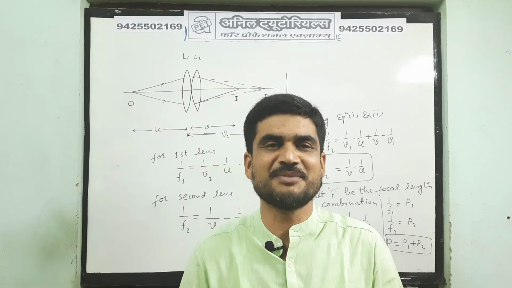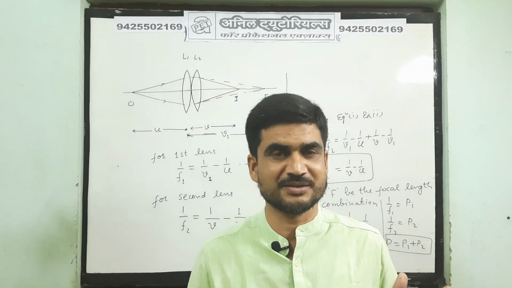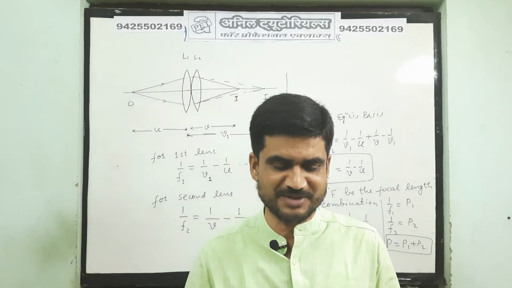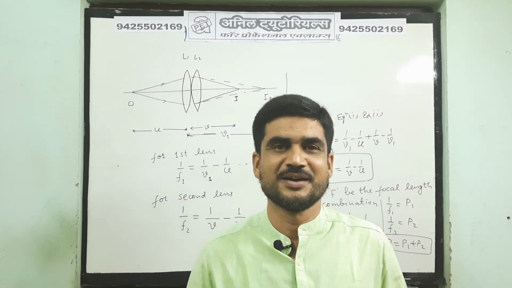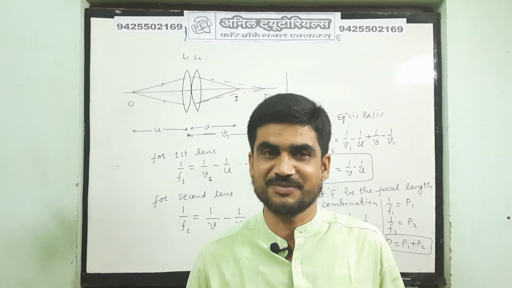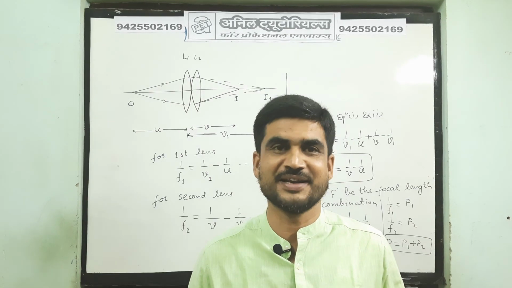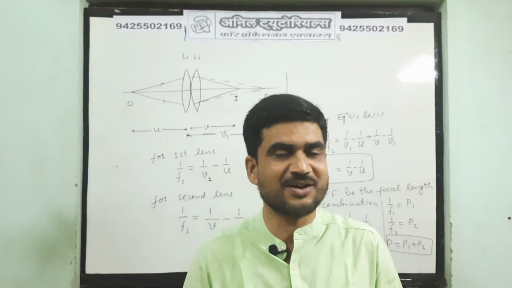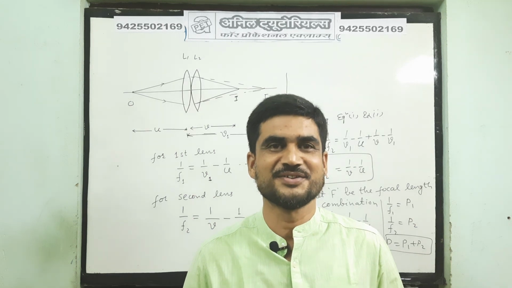These are all the first part of optics. In the second part of optics we will study optical instruments, the microscope and telescope, and after that wave optics. In wave optics we have to study polarization of light, interference of light, diffraction of light, and once again we will study reflection and refraction with some other aspects, taking light as a wave. Is it clear, children? All the best.